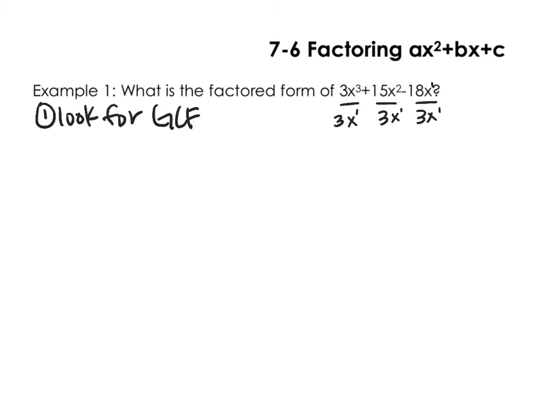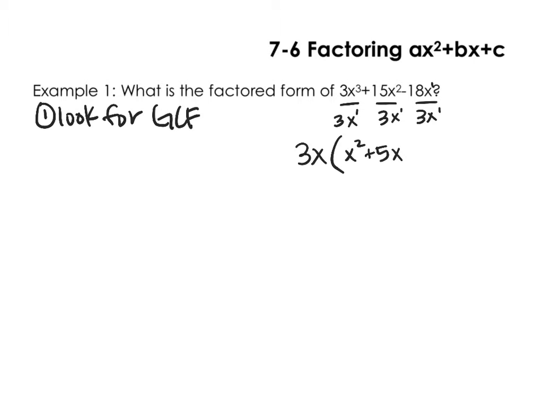So I'm going to put my GCF out front, and then in parentheses I put whatever I have left. 3 divided by 3 leaves me with 1, and x to the third divided by x to the first leaves me with x squared. Then 15 divided by 3 leaves me with 5. x to the second divided by x to the first leaves me with an x.